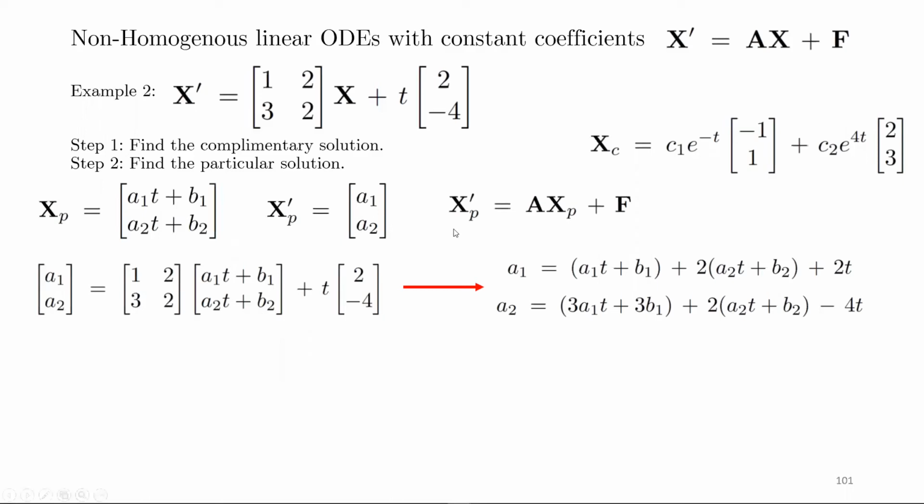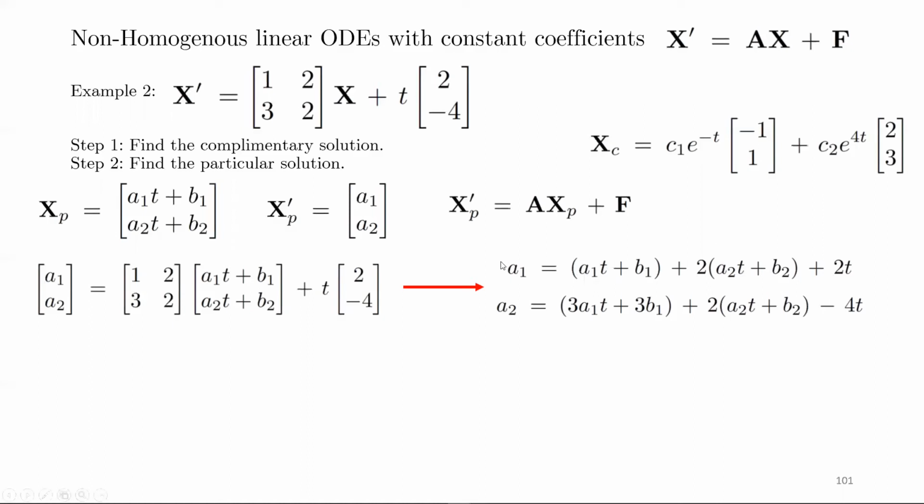But notice that some of the terms in these equations are constants, like a1, b1, and 2 times b2, and some of them are multiplied by t, so a1 times t, plus 2 times a2 times t, plus 2 times t here. So what I can do is separate out the constant terms in each equation and separate out the t terms in each equation.